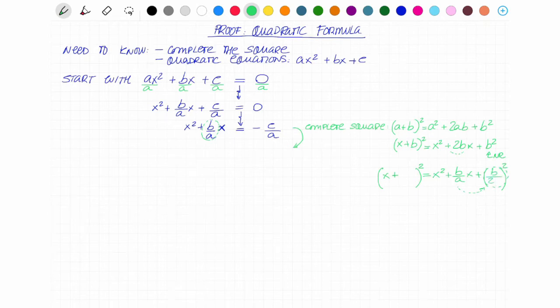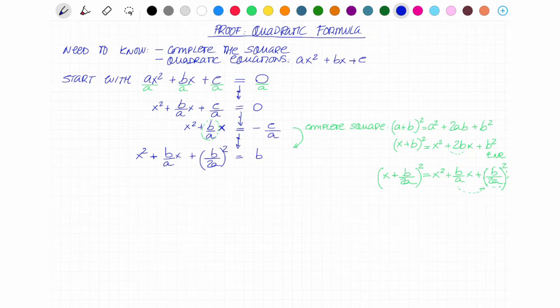In our case, b over 2a. With that information, I can come here and add that term of b over 2a squared here to allow me to have a perfect square there.